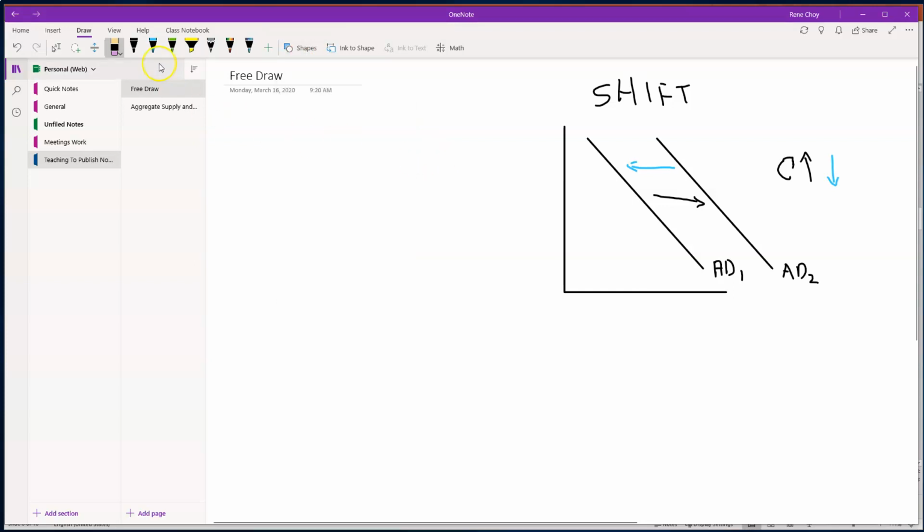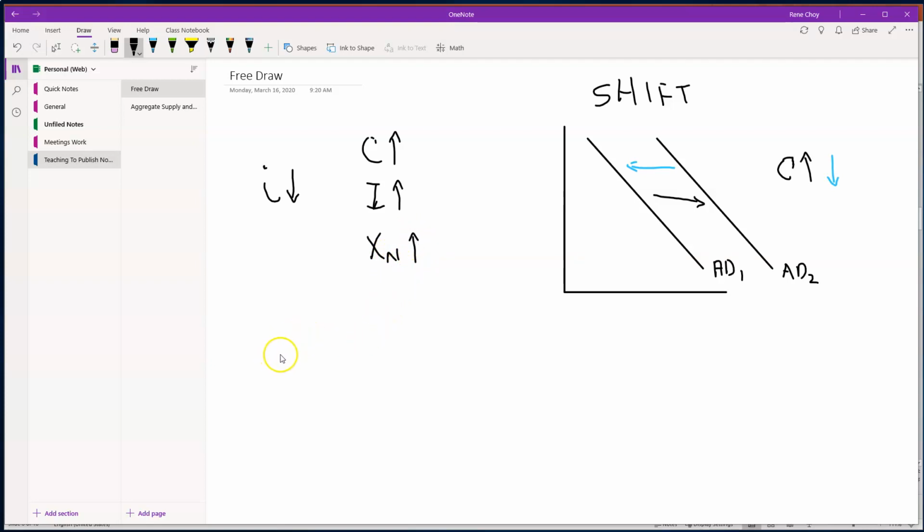So the relationship between, and let's use lowercase i as interest rates, every time there's a decrease in the level of interest rates, you're going to notice a general increase in the level of consumption, an increase in the level of investment, and an increase in net exports due to a depreciation of the currency.